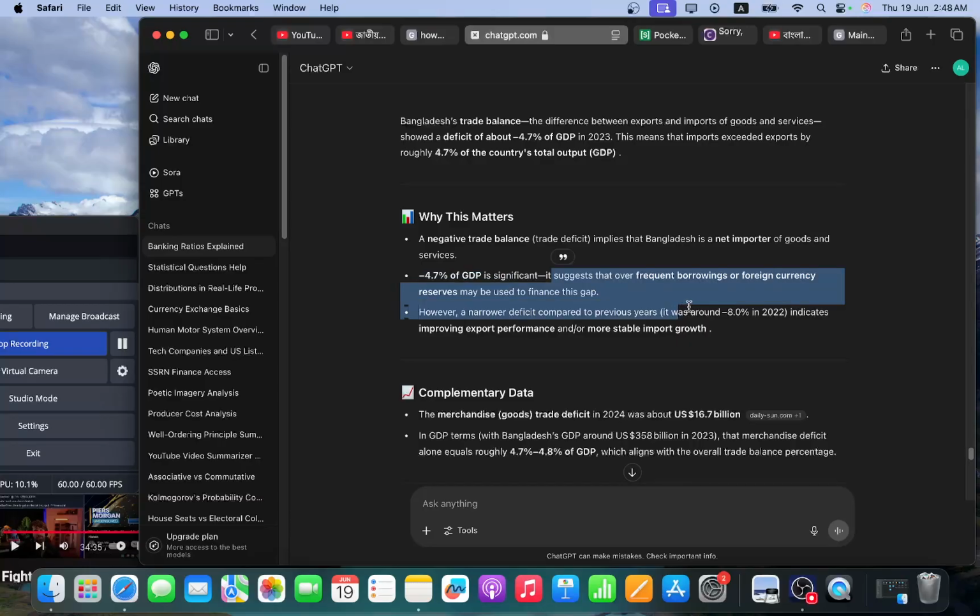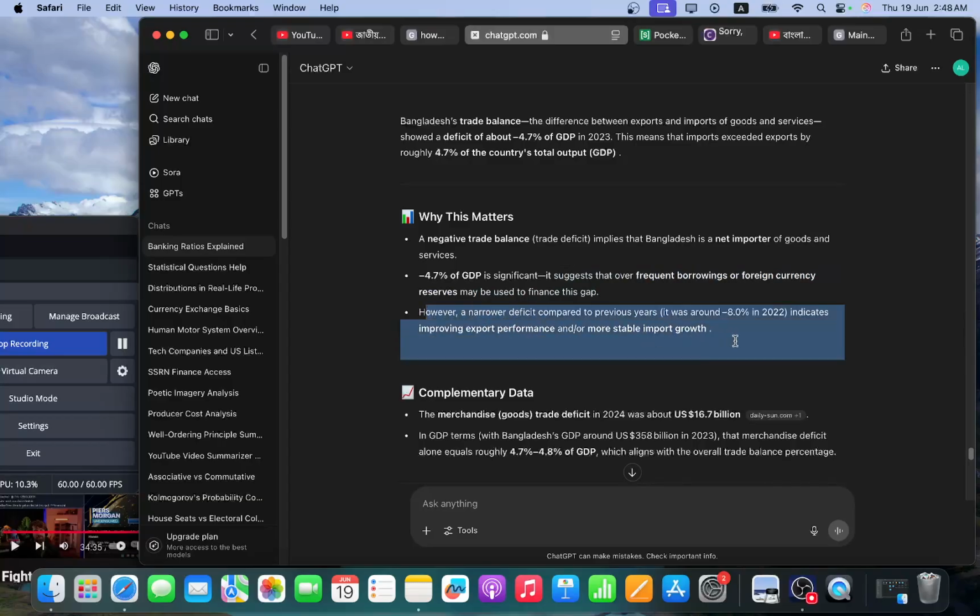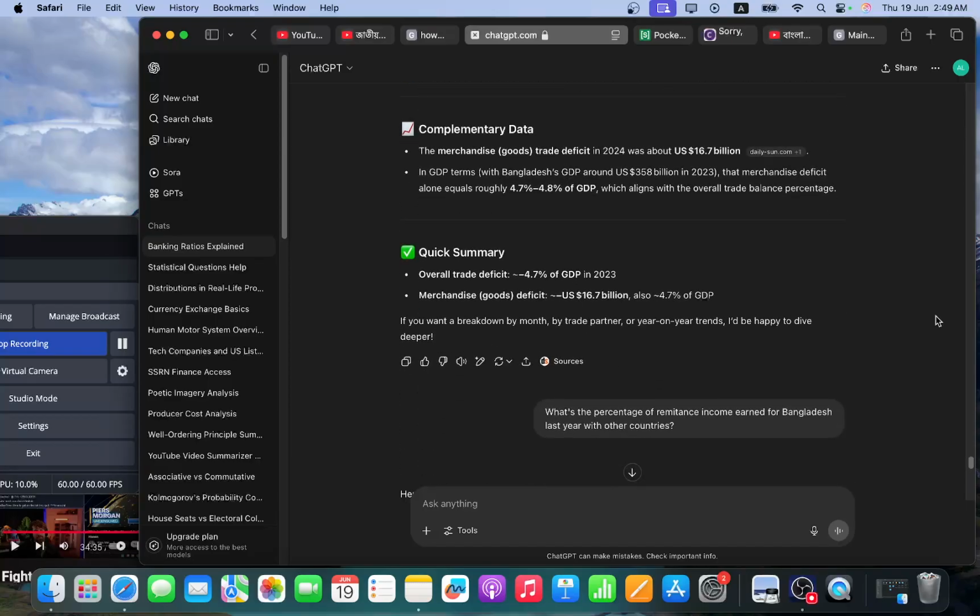Borrowing or foreign currency reserves may also be used to finance this gap. However, a narrow deficit compared to previous years was indicated. The merchandise goods trade deficit was about 14 billion, around 4.8% of GDP.